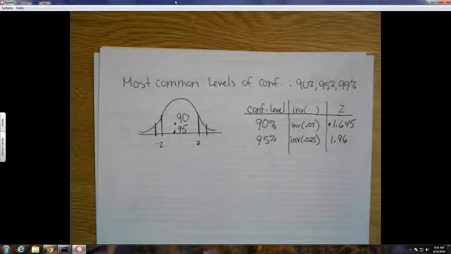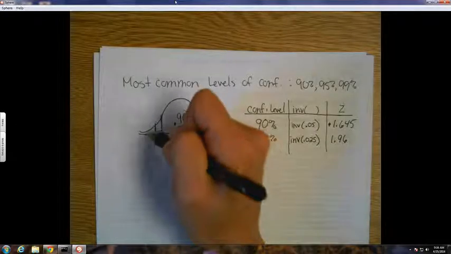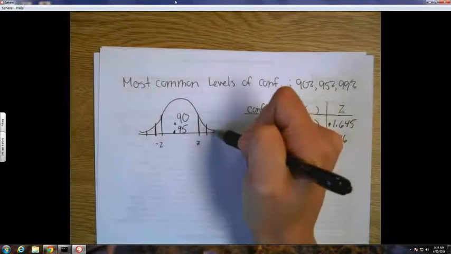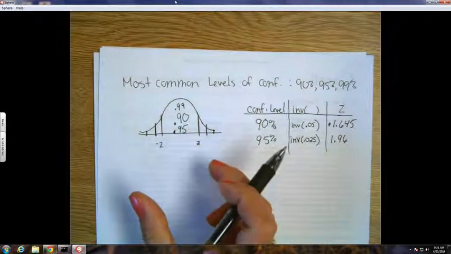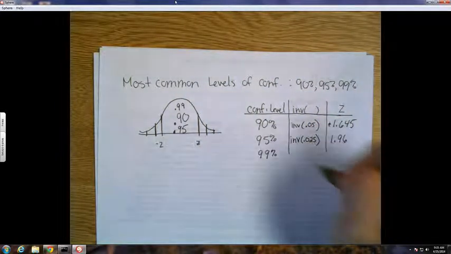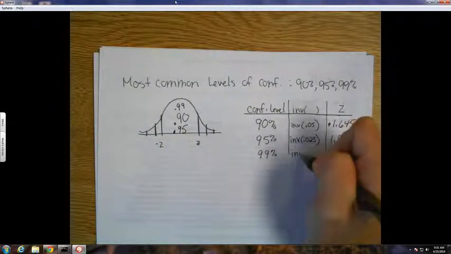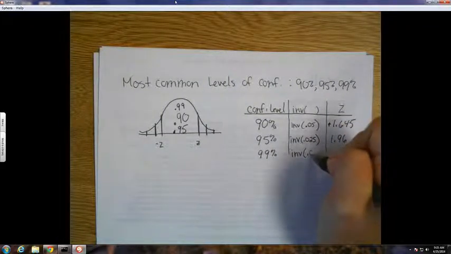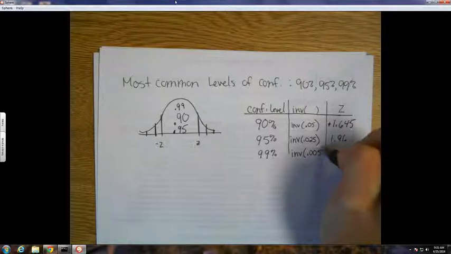And then the other most common one is to go out to 99%. We ran out of room there, so you just keep widening your interval. What do I have to inv norm to get that z-score? 0.005.